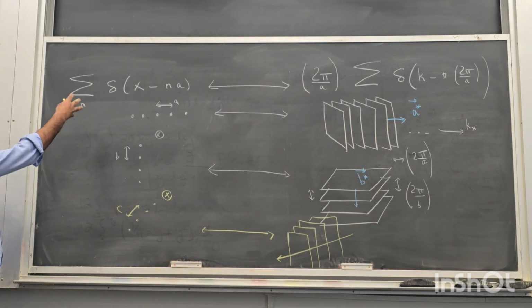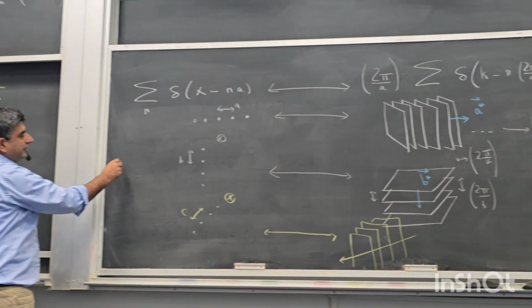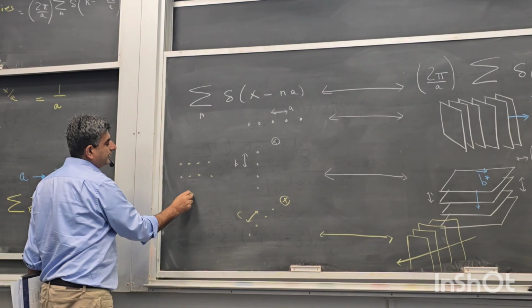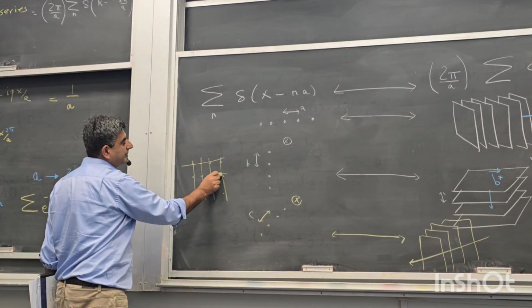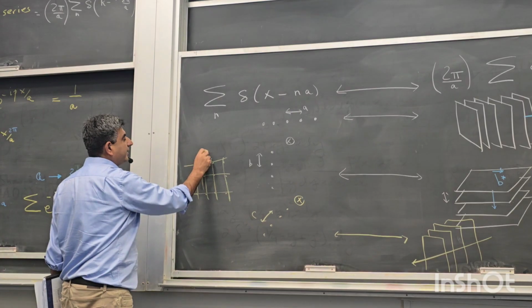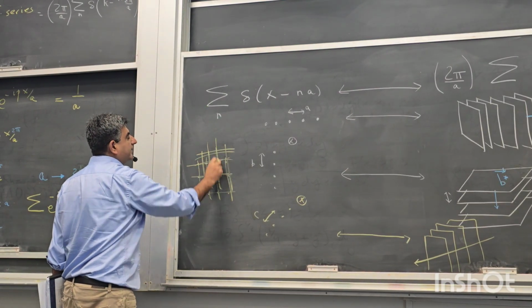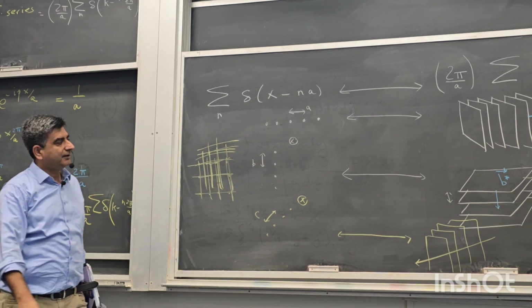Now if I've taken convolution in these 3 dimensions to create a 3-dimensional network of lattice points. So this is one net. Here is another net at the back, another net at the back. So I create a 3-dimensional network of points.